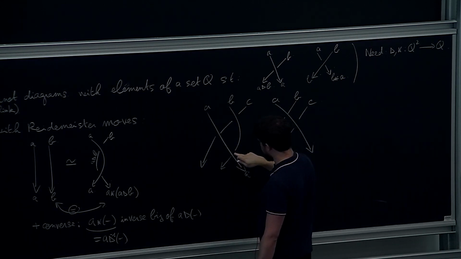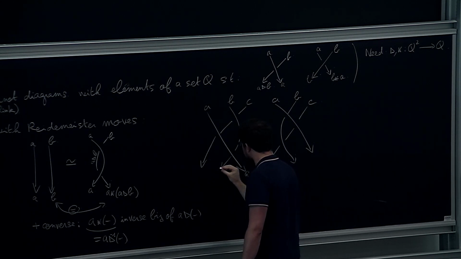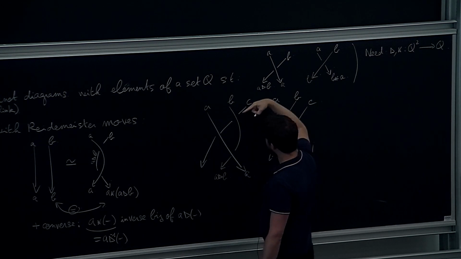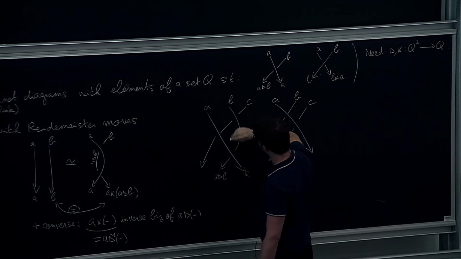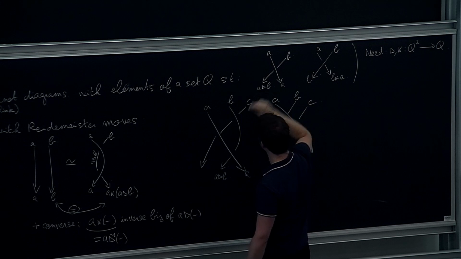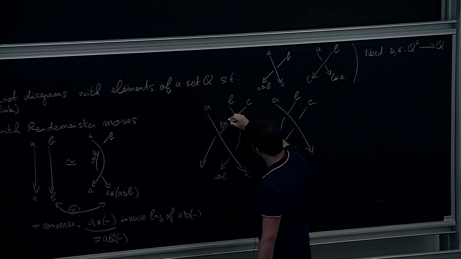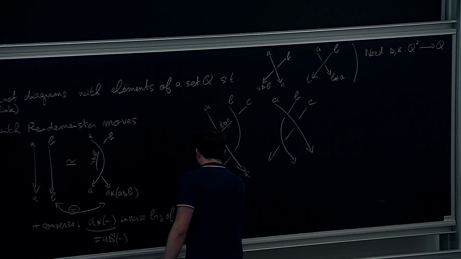B will stay the same until there, and then we get A over B. And here B passes over C from the right, so we have this picture, and then here we get this thing.